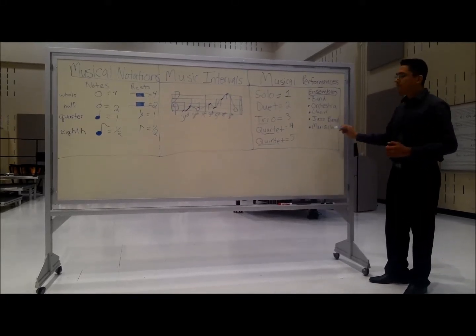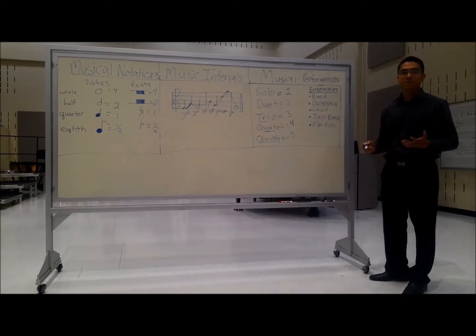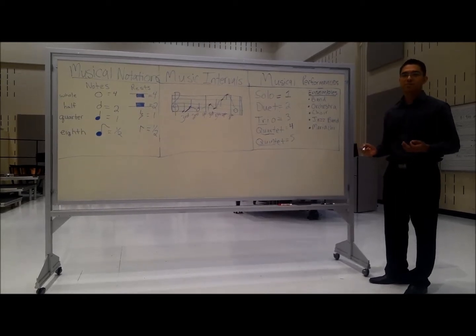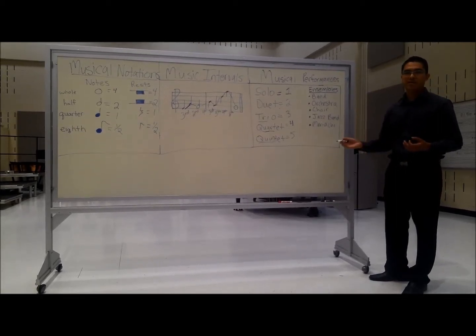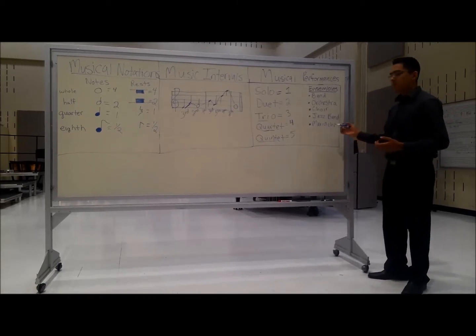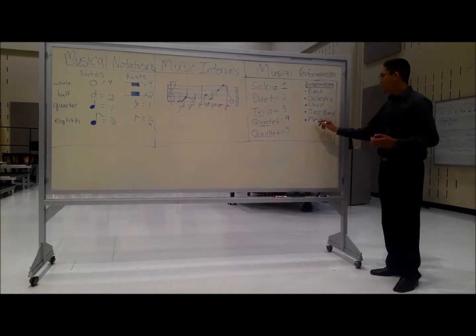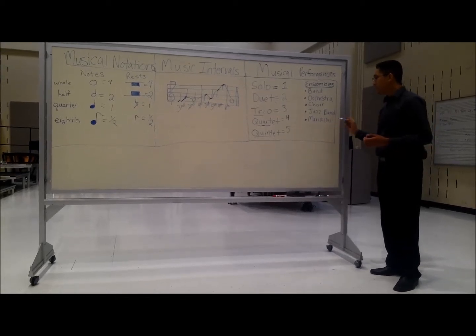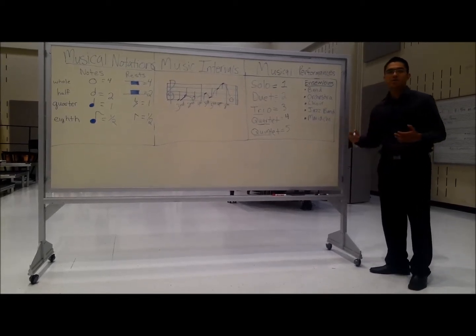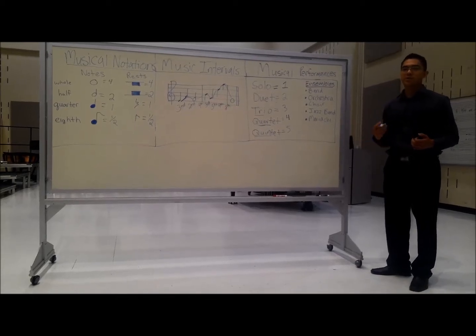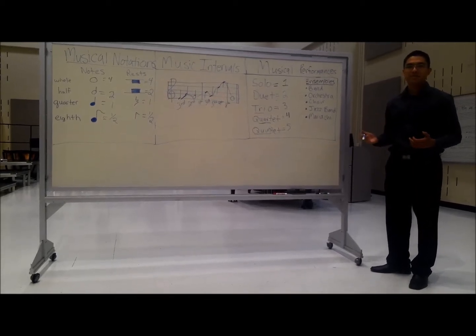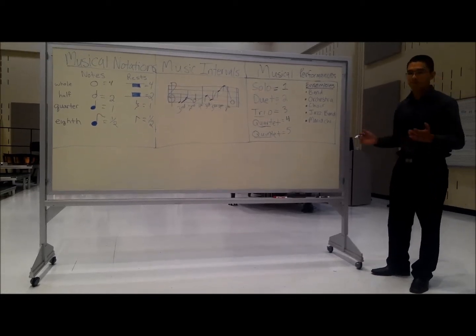Your jazz band usually consists of saxophones, trumpets, trombones, a drum set, and lower reed saxophones as well. In your mariachi ensemble, you're going to encounter also some vocals. You're going to encounter guitars, trumpets, guitarrones, harps in some groups.